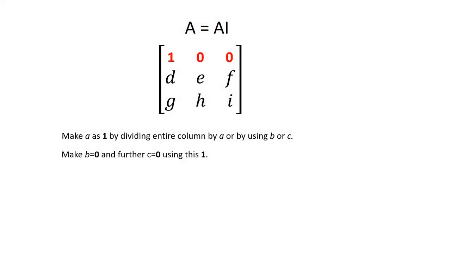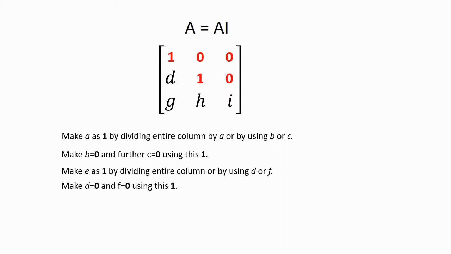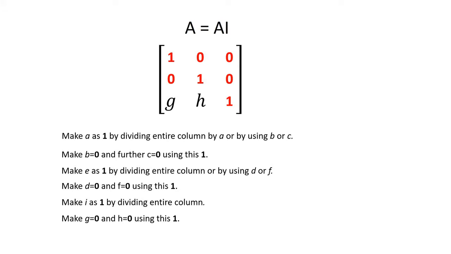The next step will be to convert this E into 1. So either we will divide the second column by E, or we will use D and F to convert E into 1. Once E has become 1, we will use this to convert D and F into zeros. And now finally, I'll have to convert I into 1 by dividing the third column by I. Once that is done, I will use this one to convert G and H into zeros.